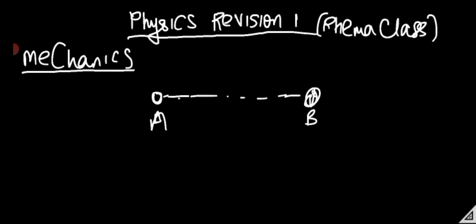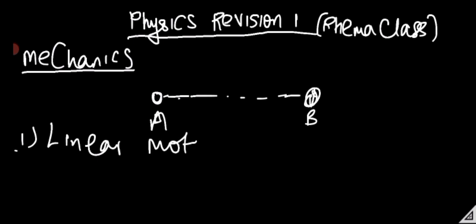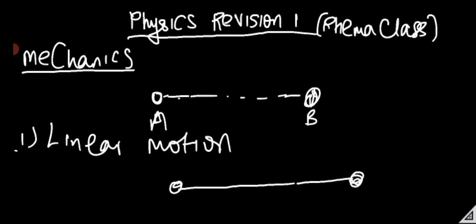So we have types of motion. The first type of motion I will talk about is called linear motion. What is linear motion? Linear motion is the change in position of a body along a linear path. Another name for linear can be a straight line.